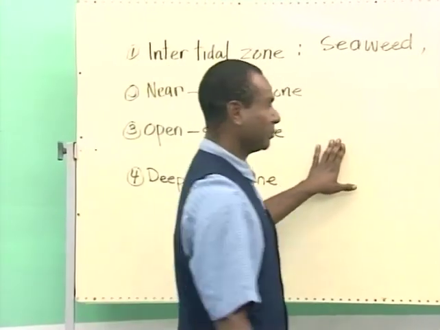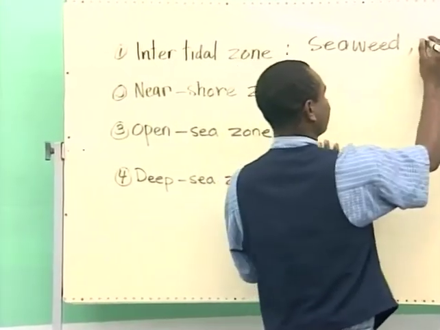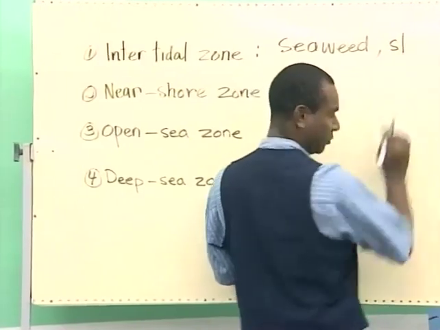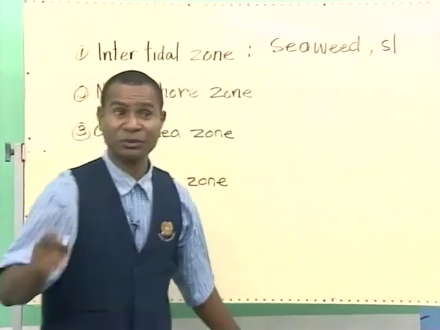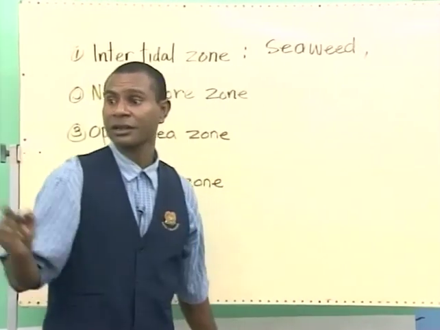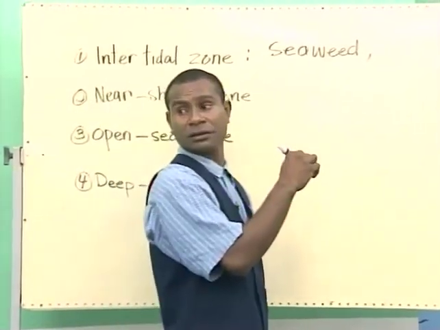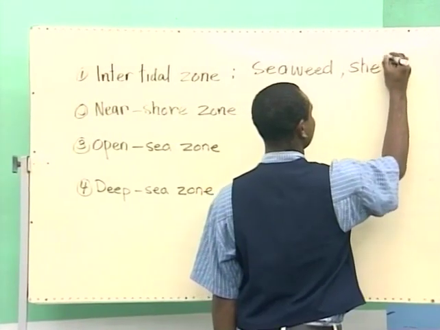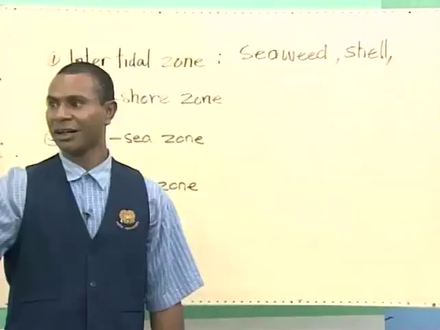We also find the names of the animals that we looked at in our picture. Okay? Isaac? Shells. Okay, shells. Any others?